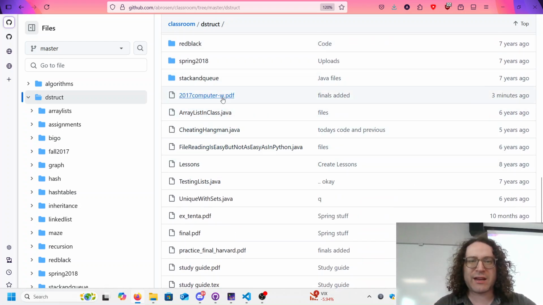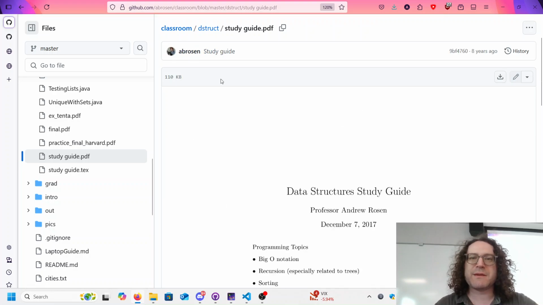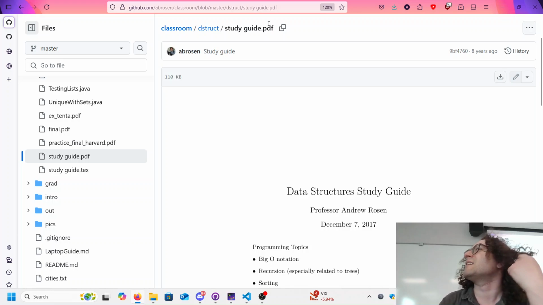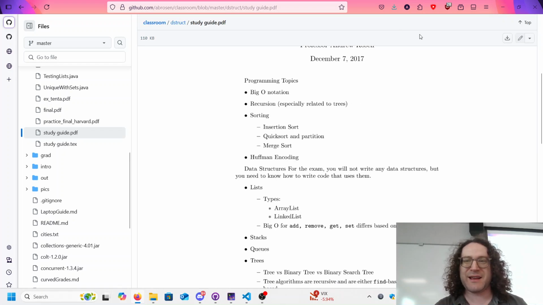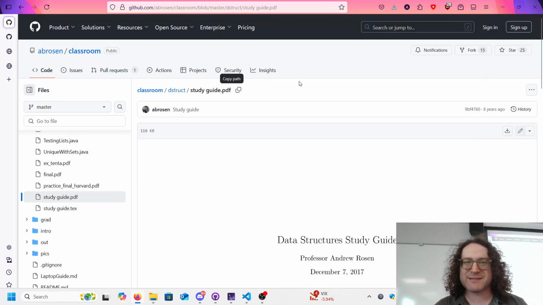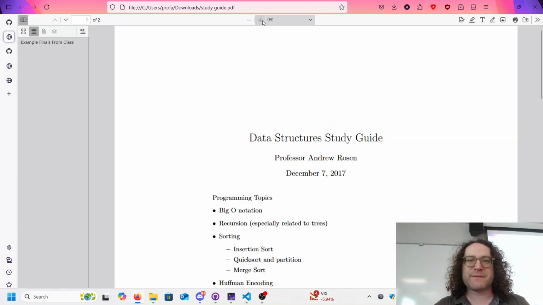I've also just added some more PDFs, which I should probably throw into a folder, but I have the study guide for the final here. Because data structures does not really change as a topic, I don't imagine changing this at any point. These are fundamentals; the language may change, but the topics don't.